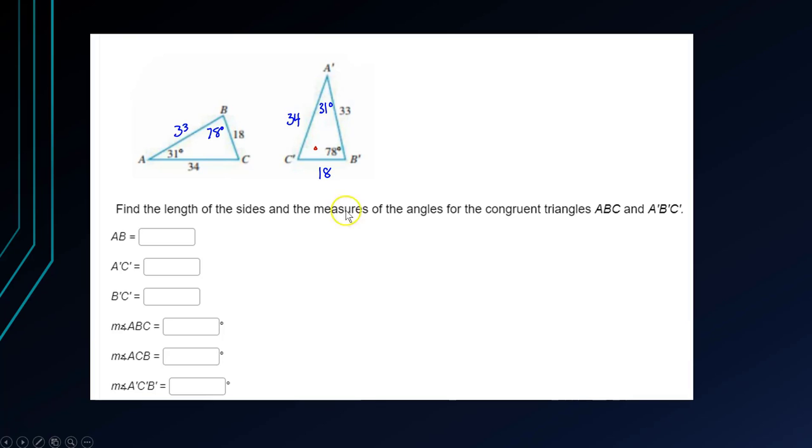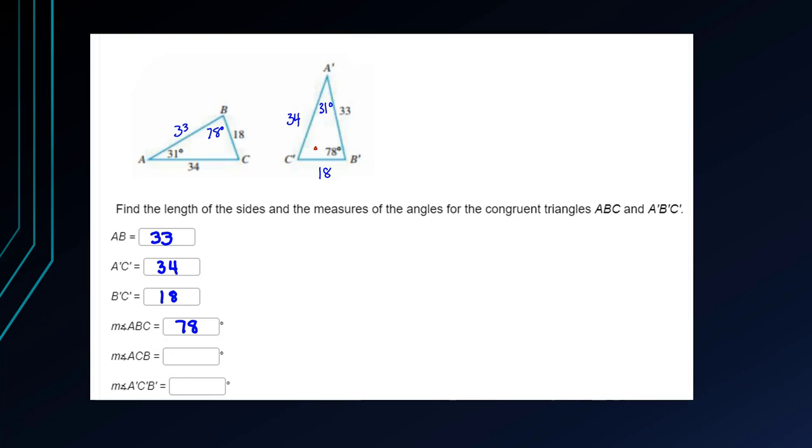And that lets me fill in the vast majority of this information because I already have it labeled in the figures. Where I run into a little bit of difficulty is with angles C and C prime, which they call ACB and A prime C prime B prime. You really didn't have to go with the three-letter designations here, mostly because these are two separate triangles.